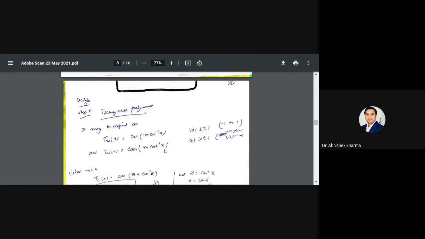Second, if x is greater than 1 or less than minus 1, then Tm(x) will be equal to cosh of m cosh inverse x. Now I will tell you what this x is and what this m is. M is the number of elements.